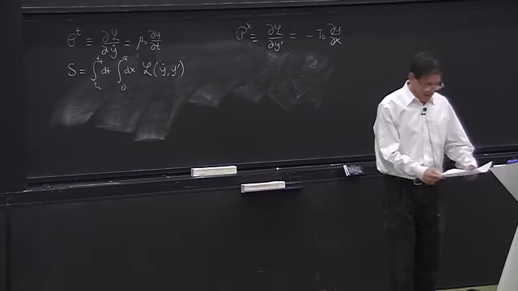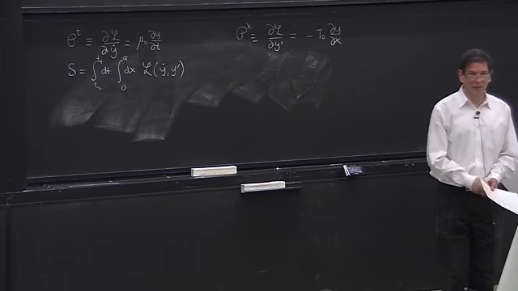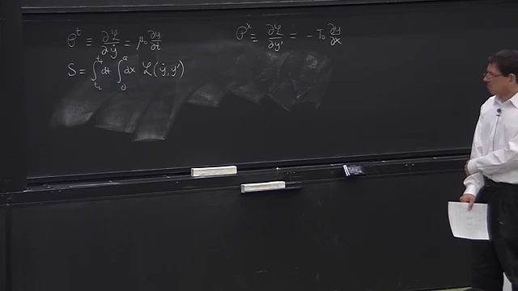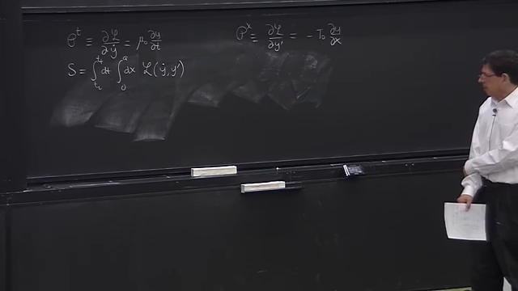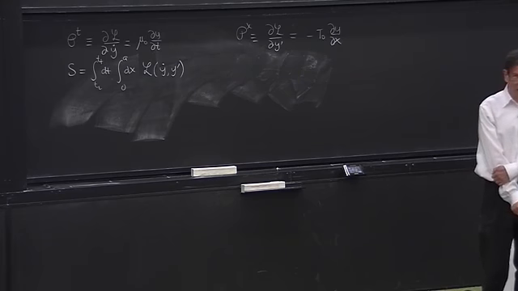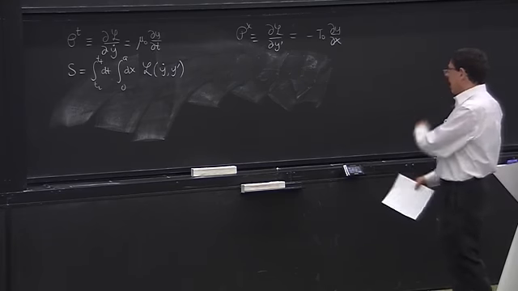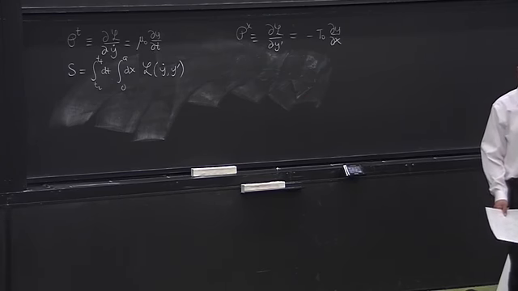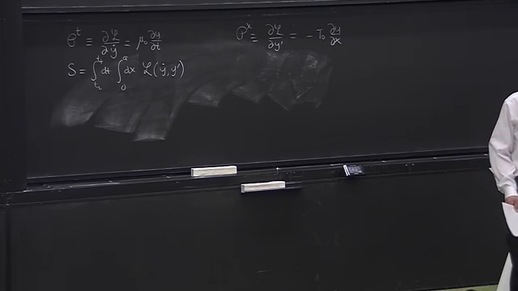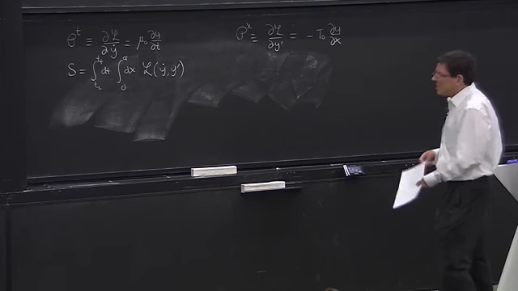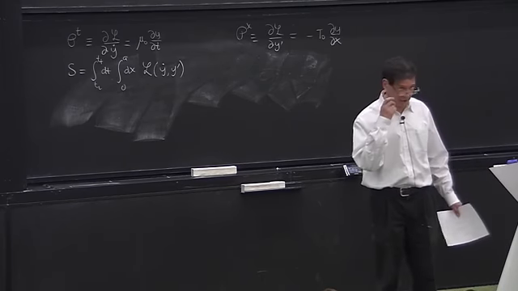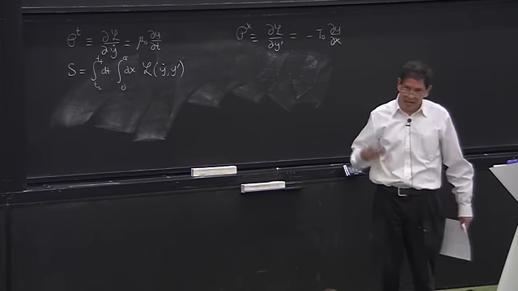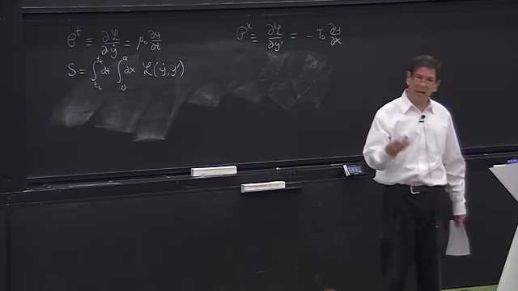And now comes the variation. We have to vary to get the equations of motion. This is not hard, but again, it has to be done with some care, and you have to look at some very important points. So first of all, you have to decide what you are varying. Well, in a Lagrangian system, you have dynamical variables, and you vary the dynamical variables.